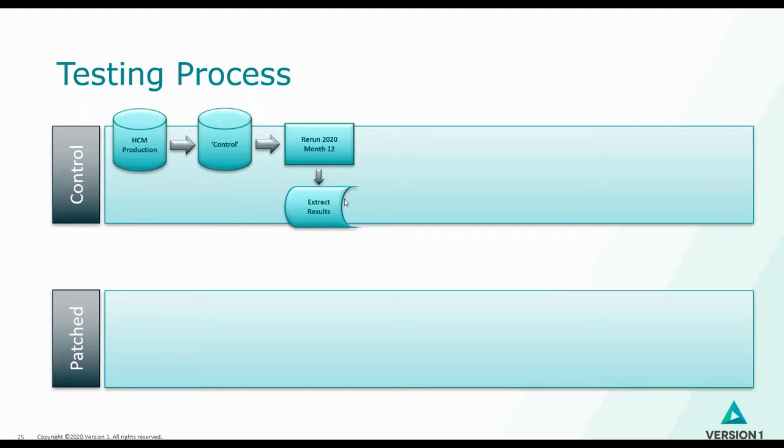Now, if you could hang on to that environment as a control environment, and we know for lots of organizations, environment availability may be at a premium, so you might not have the luxury of being able to hold on to this environment whilst you run through your whole testing cycle.